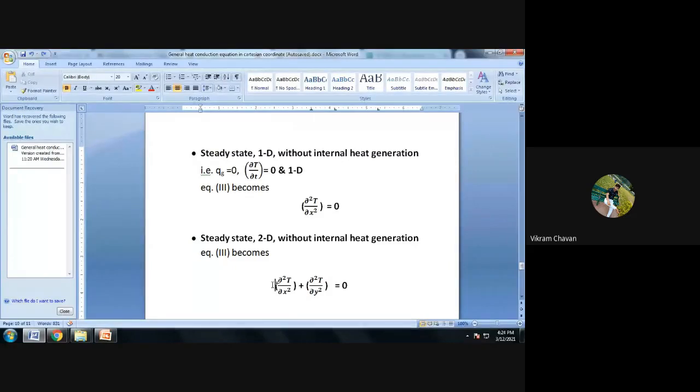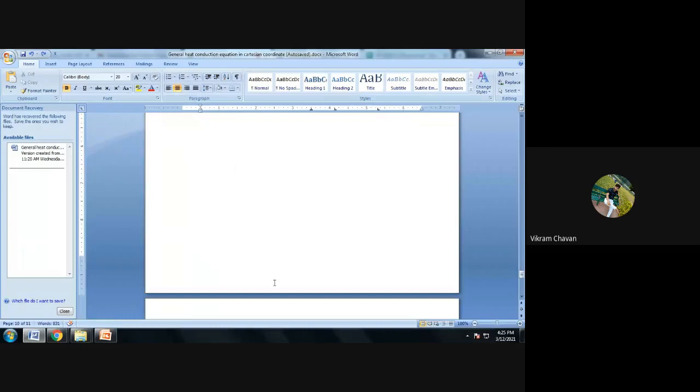If one dimensional heat transfer, only one coordinate we have to consider. If two dimensional heat transfer, two coordinates we have to consider. So these are the different forms of the general heat conduction equation.